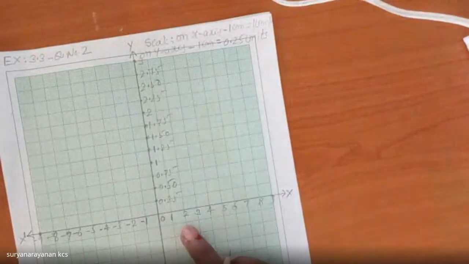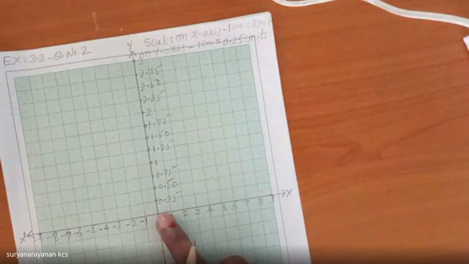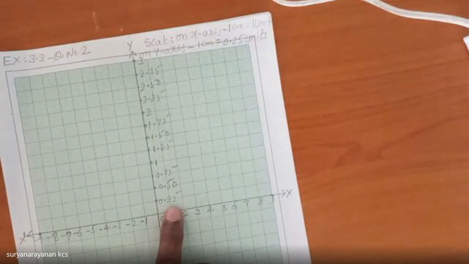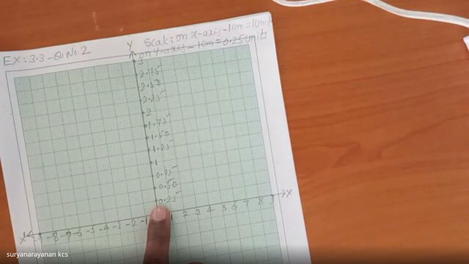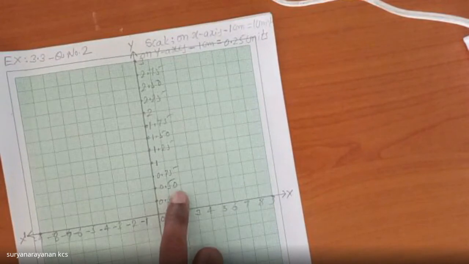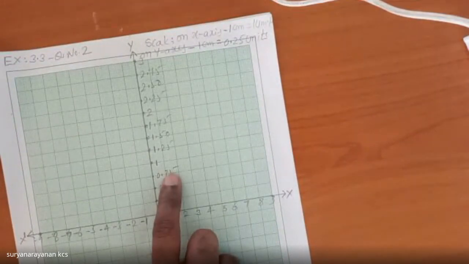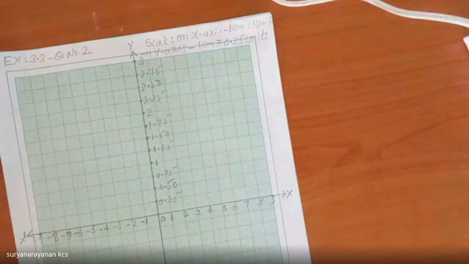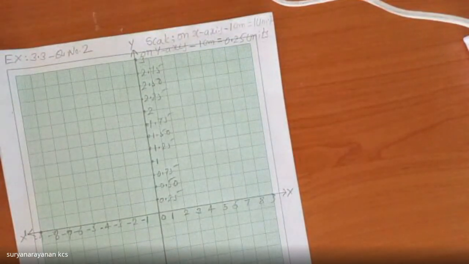Understood these numbers on the positive y-axis? I have taken 1 centimeter is equal to 0.25 units. That is why at that first 1 centimeter, I have marked 0.25. Next centimeter, 0.50, double this number. Next triple this number. Next 4 times, here 5 times.